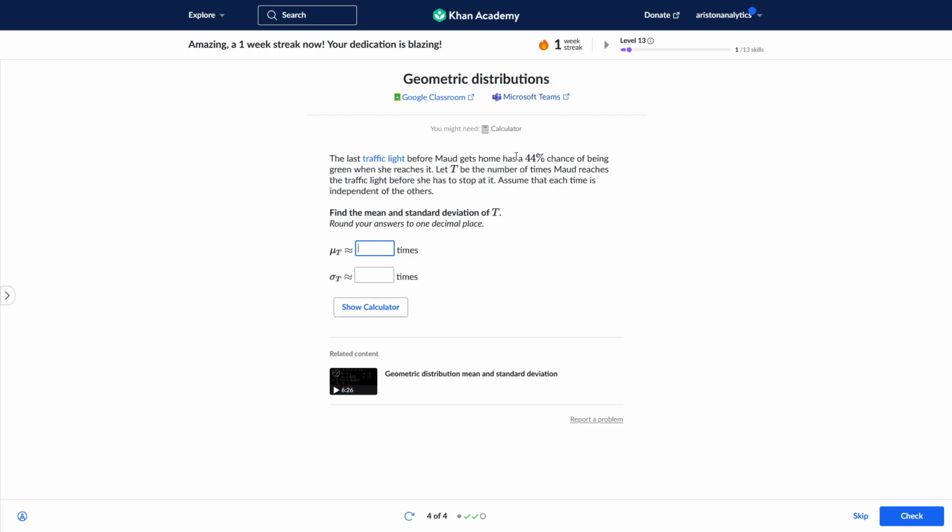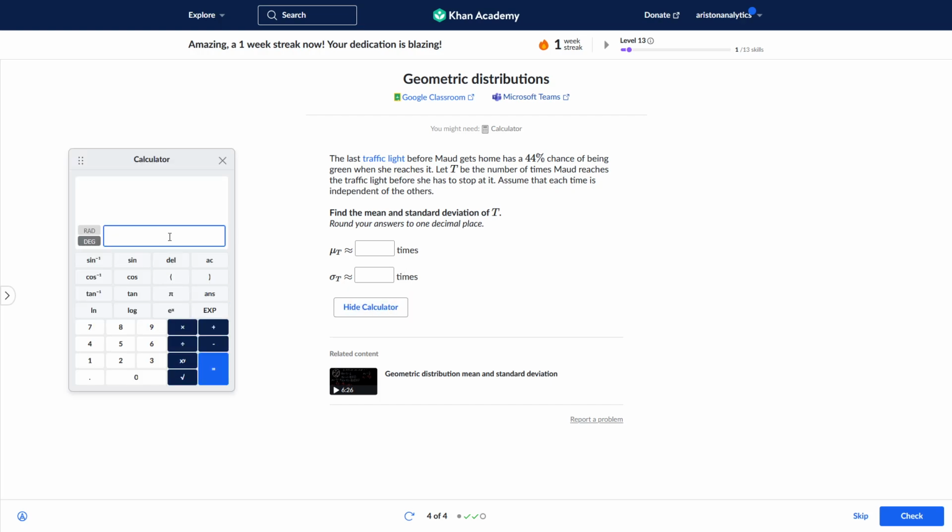What, this question is so confusing. Maud reaches the traffic light before she has to stop at it. Before she has to stop? Yeah, whatever, that doesn't make sense, but they could have just said green or red. Jesus.